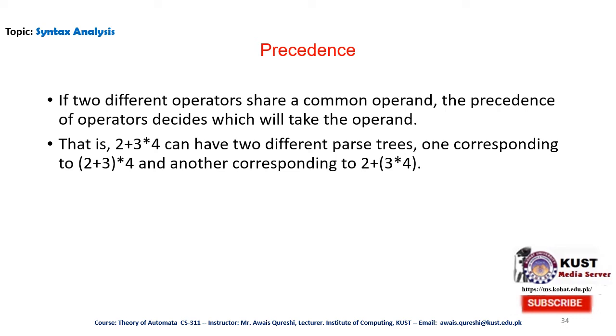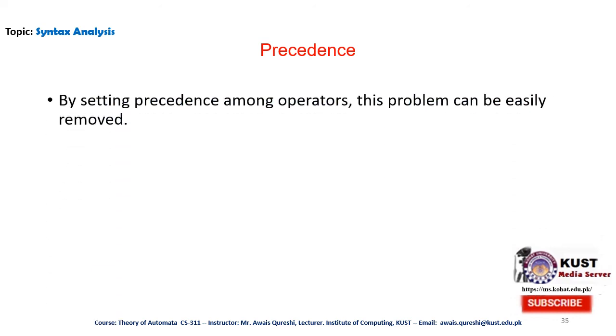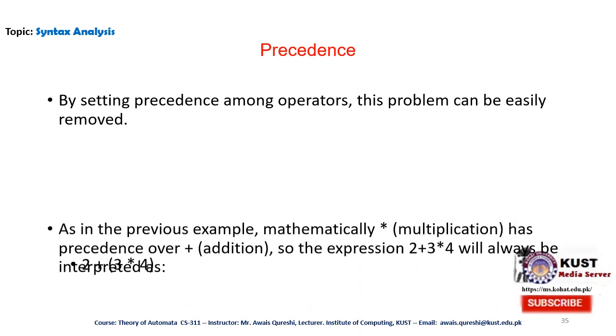if two different operators share a common operand, the precedence of operators decides which will take the operand. That is, 2 plus 3, and after that 3 * 4, can have two different parse trees, one corresponding to 2 plus 3 and the other corresponding to this one. By setting precedence among operators, this problem can easily be removed.